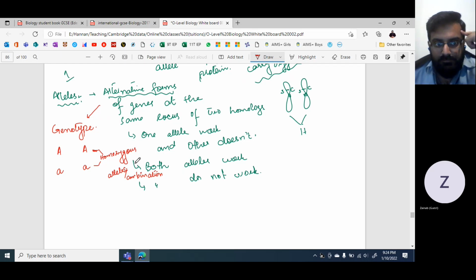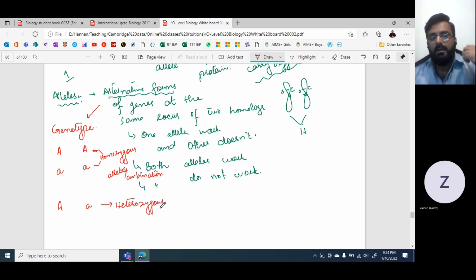There is another case. One is working and the other is not. This genotype would be regarded as heterozygous combination. Heterozygous alleles. One is working and the other is not.